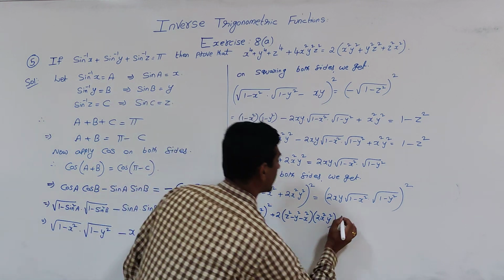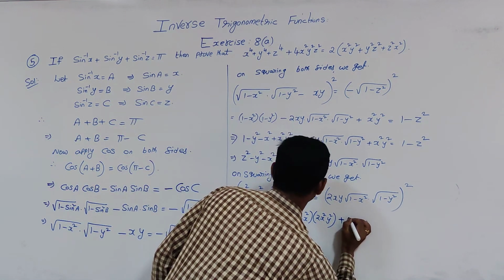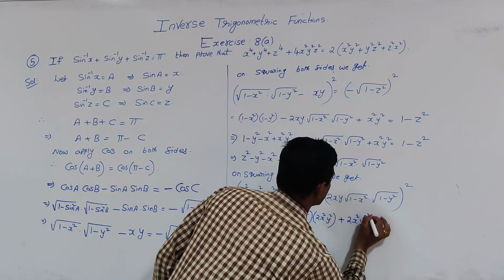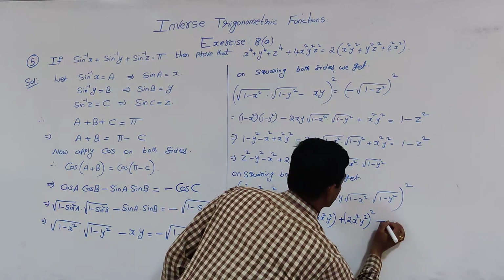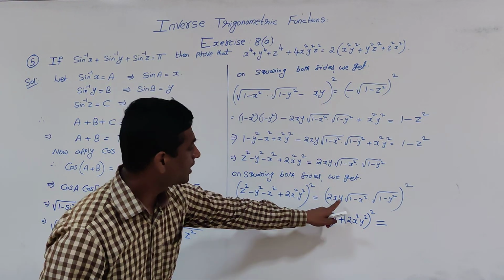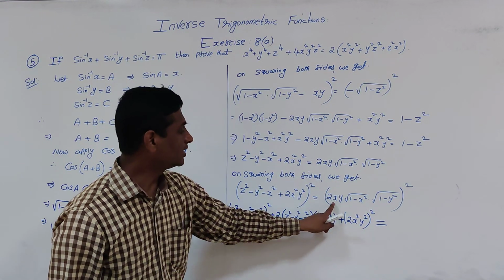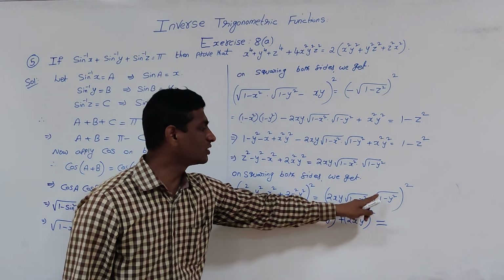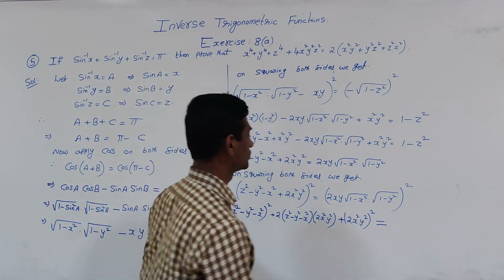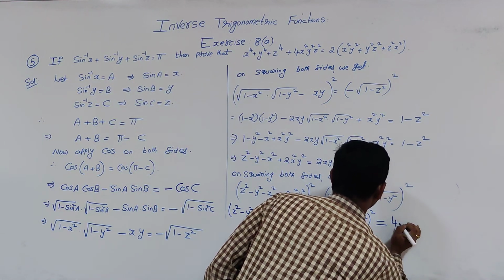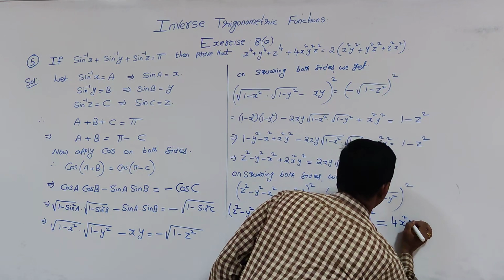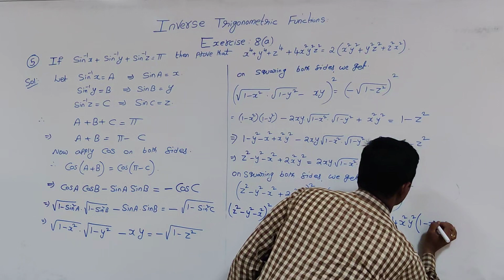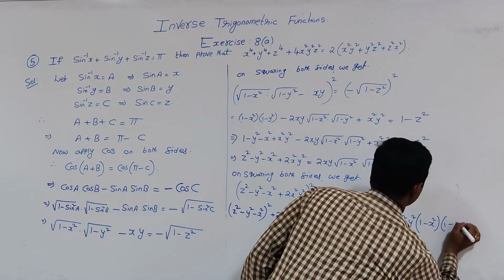Next, b², so it will be (2x²y²) whole square, which is equal to, as it is a product, 2²x²y² under root of (1 − x²) whole square under root of (1 − y²) whole square. So it gives 4x²y² times (1 − x²)(1 − y²).